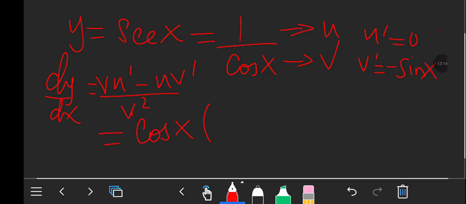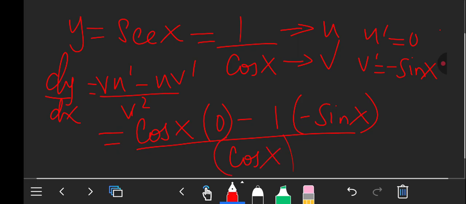So what is our u prime? It is just 0. Then minus the u, which is 1, multiplied by v prime. Our v prime is negative sin x, over v square. V is cos x, so it will be cos x then square.